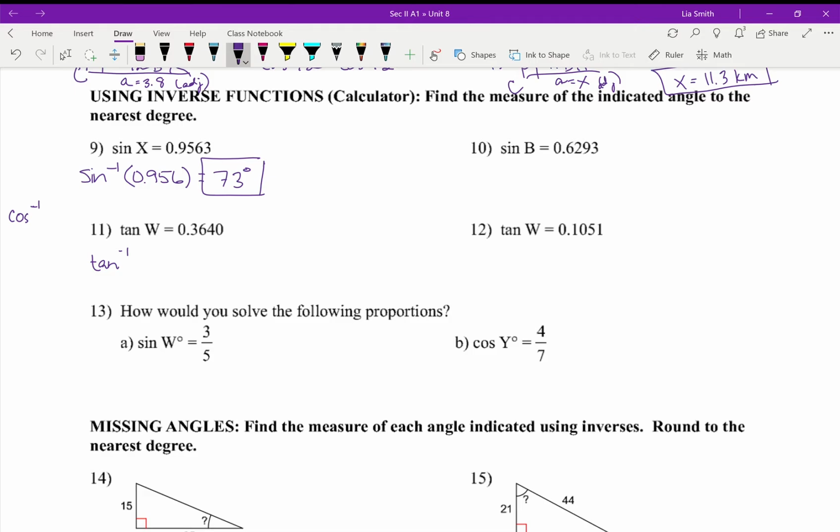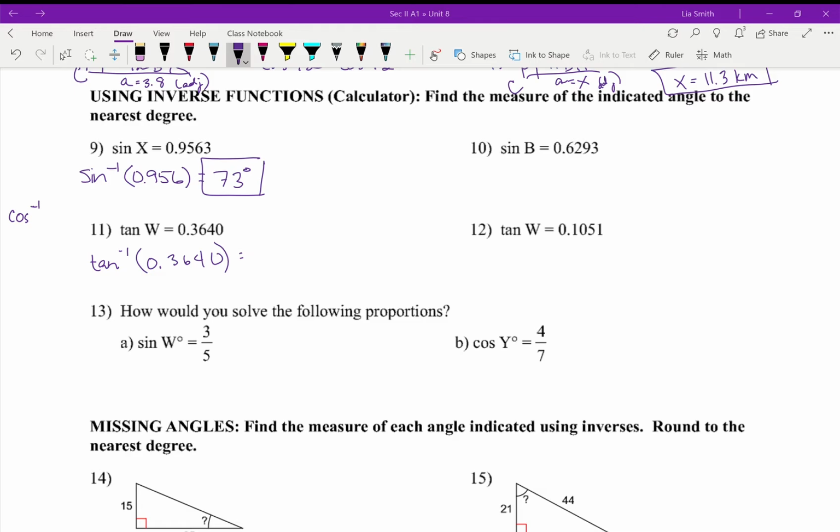If I come down here to number 11, if I want to find w, I need to do the inverse of tangent. So I do the inverse of tangent, then put in the ratio. So if I go back to Desmos, I would now clear this.